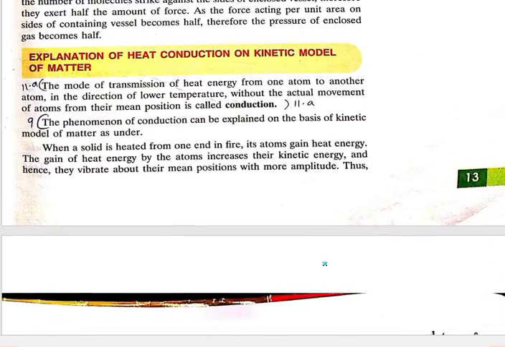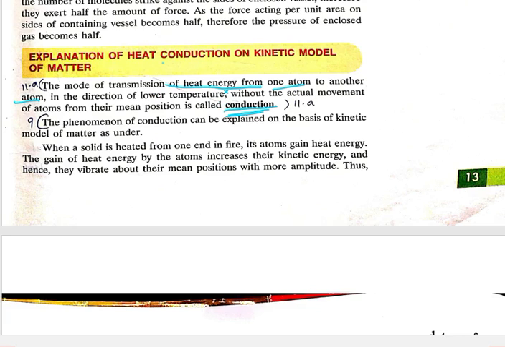Now, explanation of heat conduction on the kinetic model of matter. The mode of transmission of heat energy from one atom to another atom in the direction of lower temperature without the actual movement of atoms from their mean position is called conduction. So conduction is the transfer of heat energy from one atom to another in the direction of lower temperature.